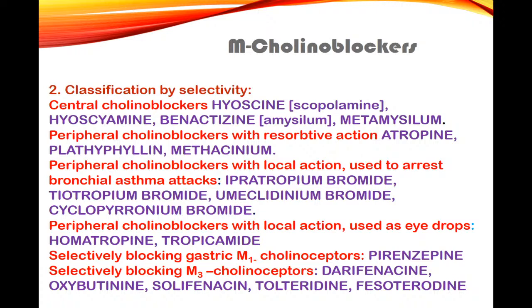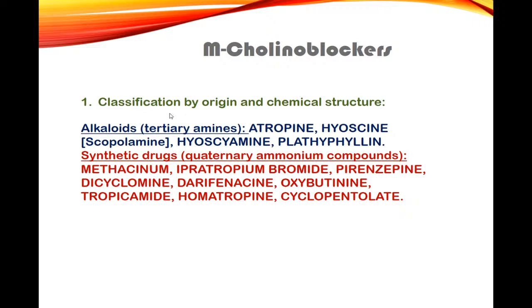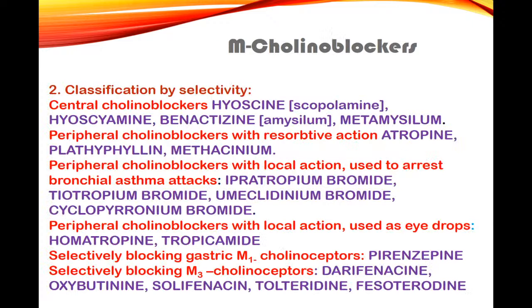But just now we discussed that atropine belongs to tertiary amines. That's why atropine can penetrate into the CNS. Yes, of course. So atropine influences both peripheral organs and the CNS.